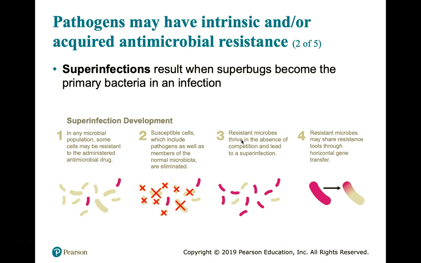Then, since they're resistant, they're going to outcompete the ones that will die because of the antibiotic, and they become the majority in the population, which then becomes a problem for you because now you have a superbug that is resistant to almost all known antibiotics, if not all, and there's really, in some cases, no way to treat it.